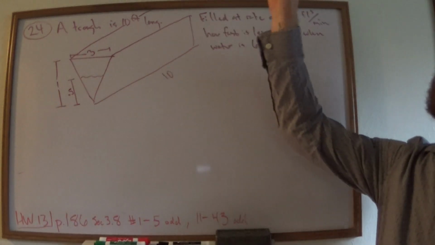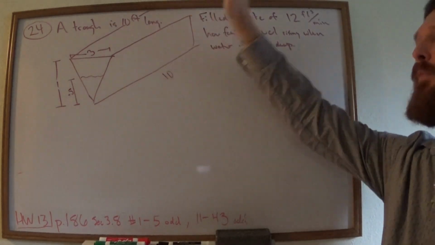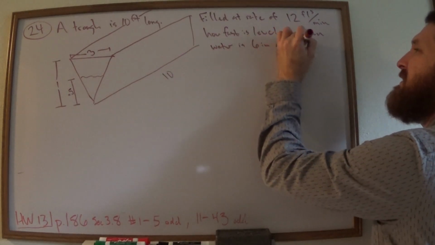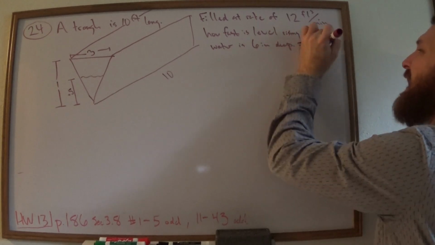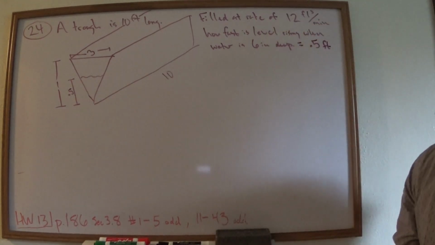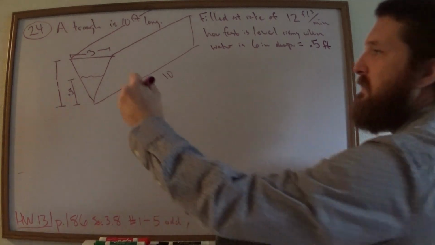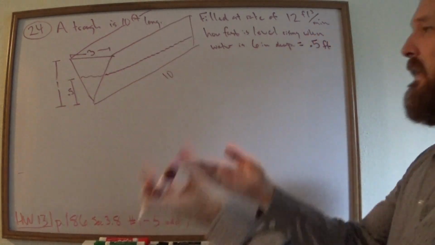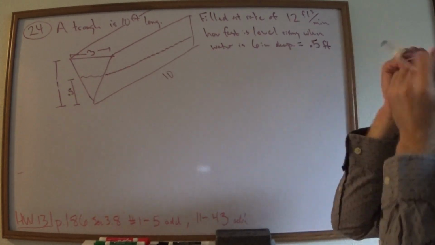Or we could convert everything to inches, which seems like a real pain. So it'd be easier to convert this one thing: when it's 6 inches deep, it's 0.5 feet deep. Okay, so let's think about this. You have your water level, and it's rising.